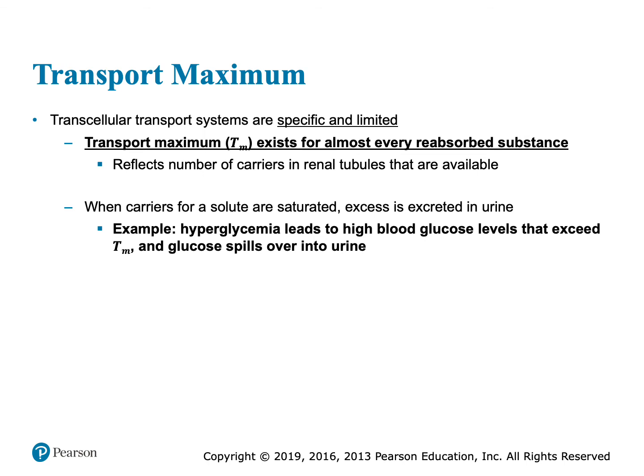When it goes through the filtration system, your proximal convoluted tubules should pick it back up. But sometimes it's such a high amount, it's overload, so you're going to end up not reabsorbing it. That's called a transport maximum. You have way too much of that, and I can't possibly recapture enough of it and put it back in the blood. Urinalysis is a great way to diagnose diabetes.